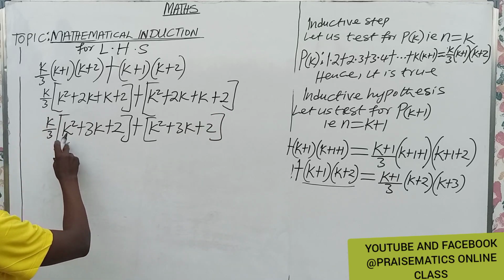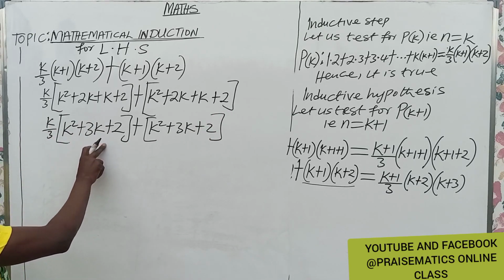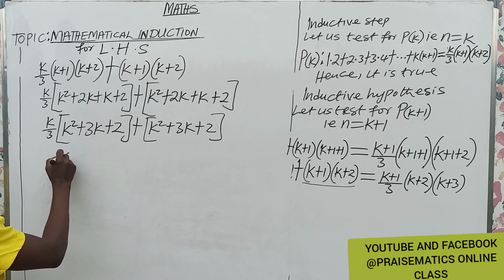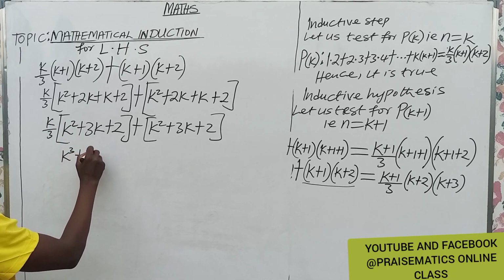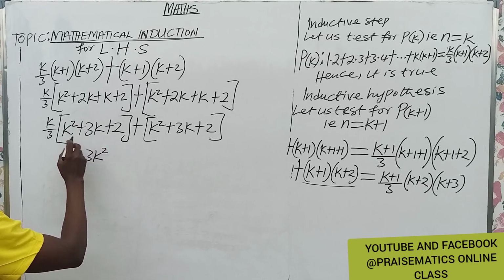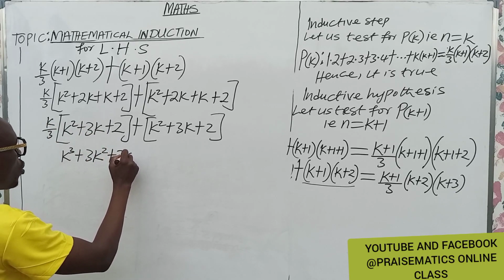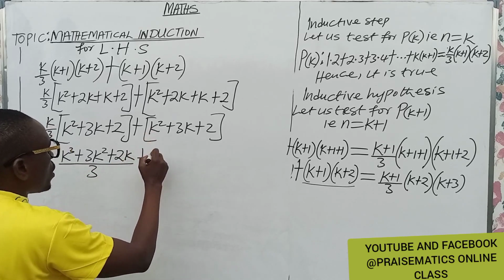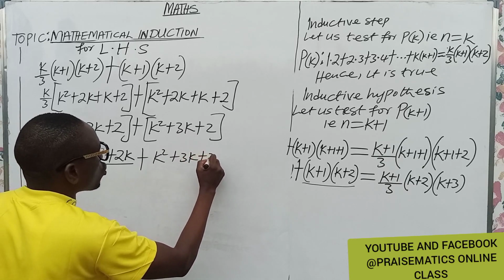Before then, I have to break this one. k times k, we have k power 3. k times 3k, we have 3k square. k times 2, we have plus 2k, all over 3. Plus k square plus 3k plus 2.